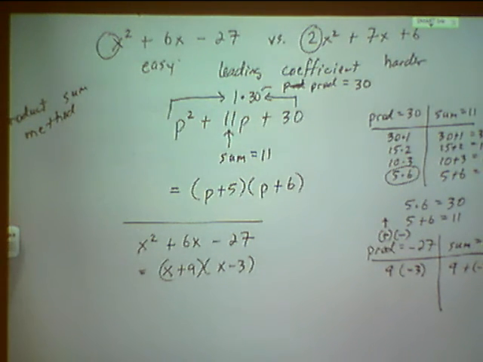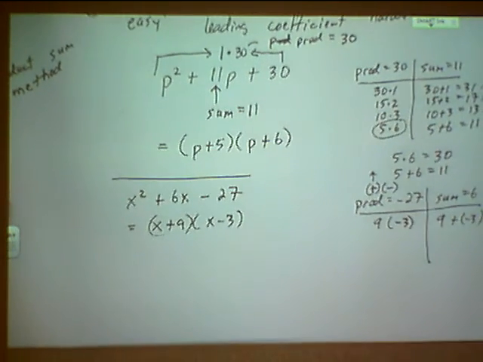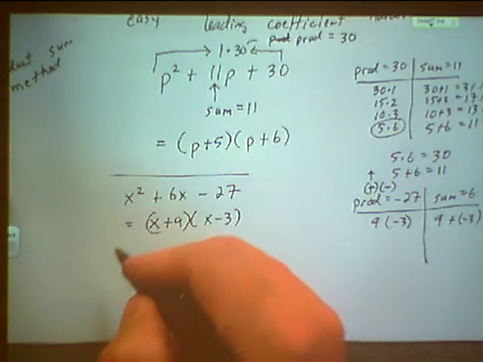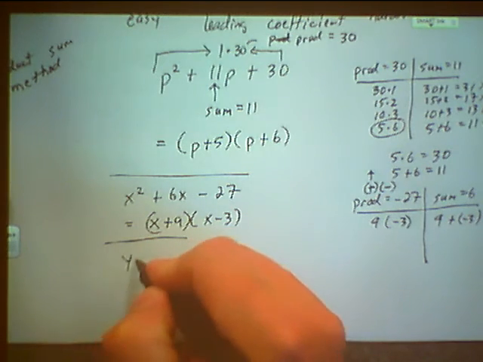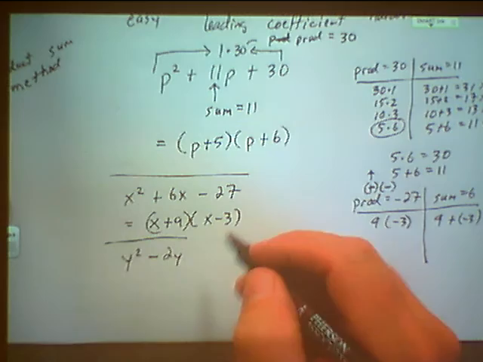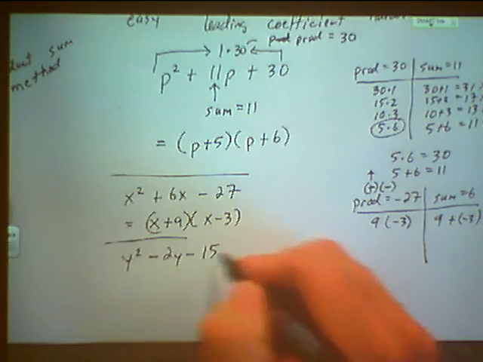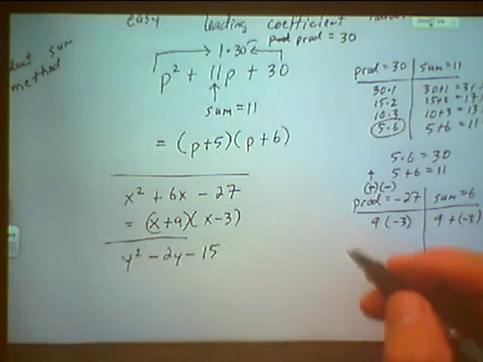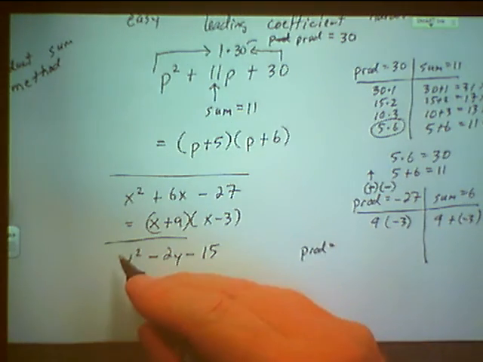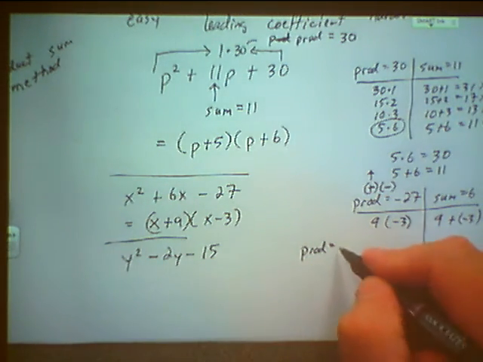Let me do just one more quick one just for practice. Maybe I'll write it down and you can even try it yourself. Maybe you can stop this video. y squared minus 2y minus 15. There is no GCF. My product is 1 times negative 15, negative 15.